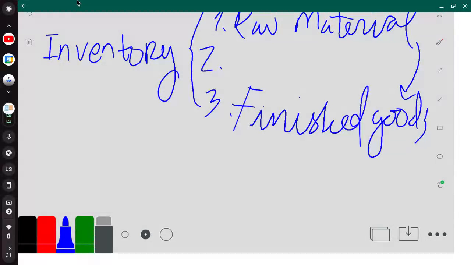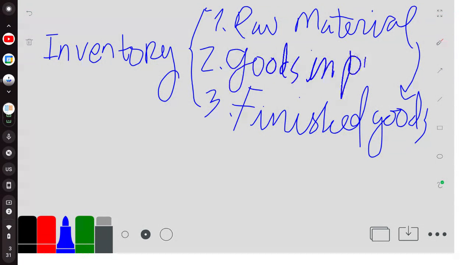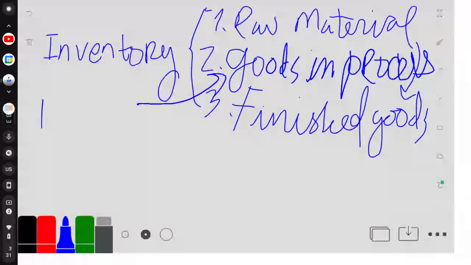And if the product is in a partially processed state, what should it be called? Is it so difficult? It's called goods in process. And literally that's what it means. Goods in process, or another name is work in progress.